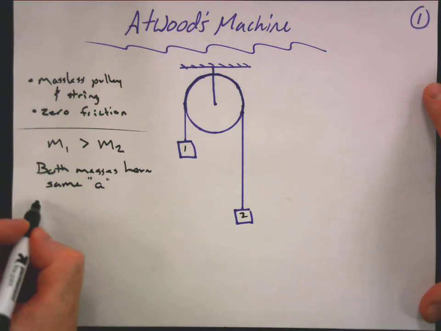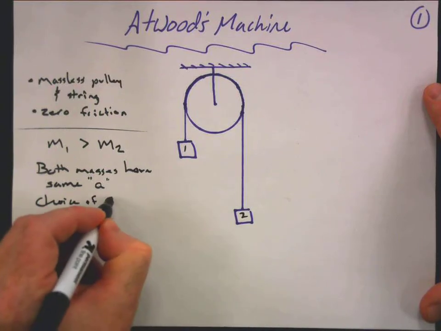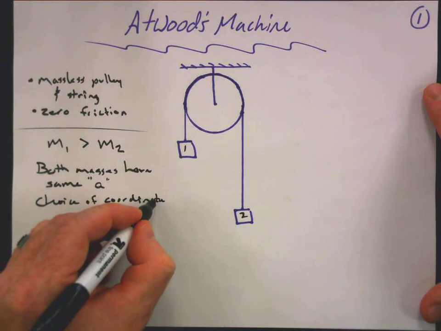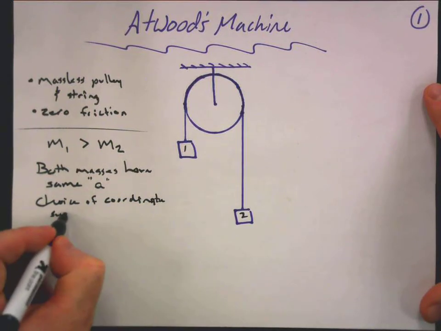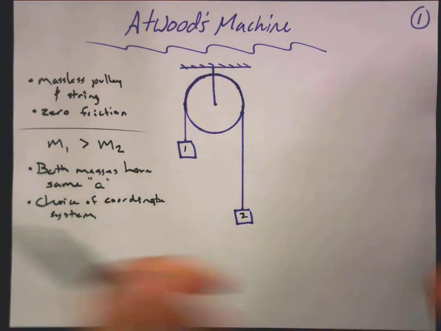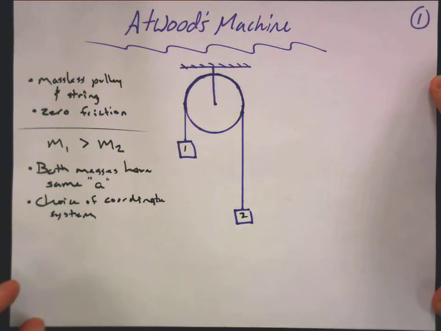Now, we have a choice of coordinate systems. And so we're going to pick coordinate systems that are convenient to us. And so here's what that will look like. For simplicity, I'm going to make everything moving in the positive x direction.